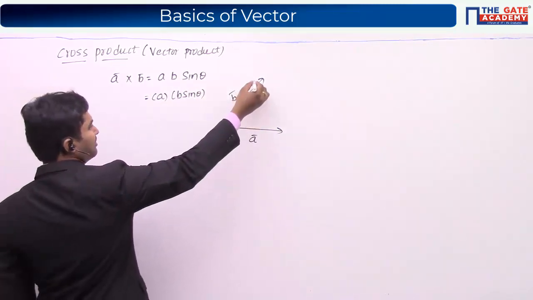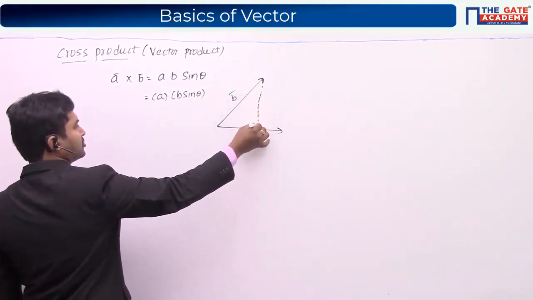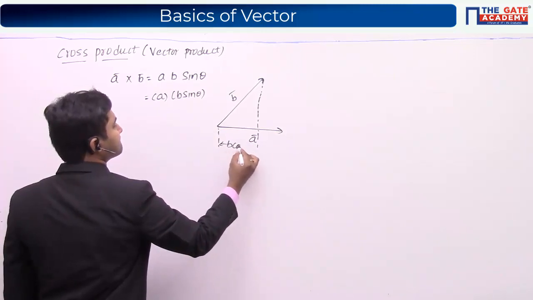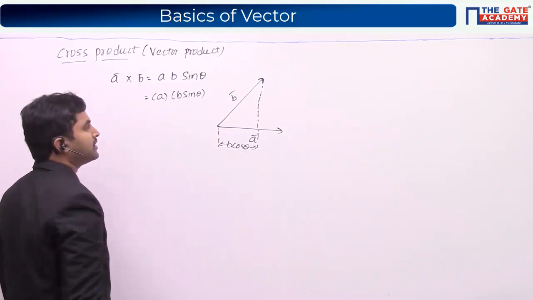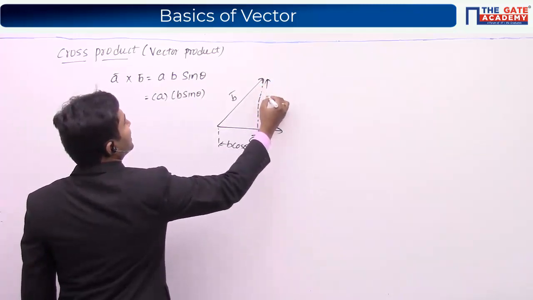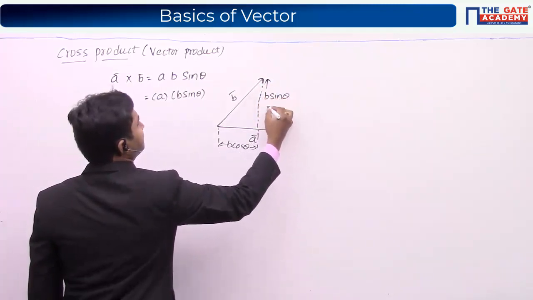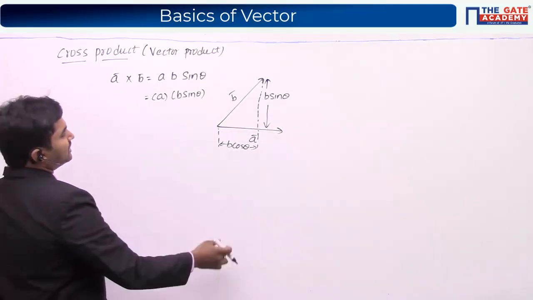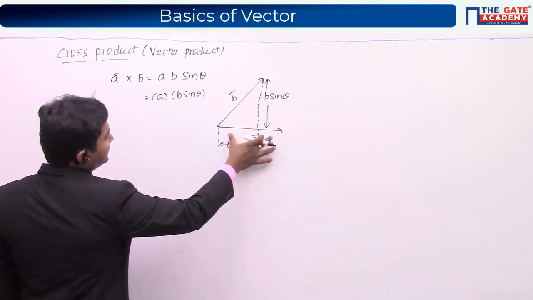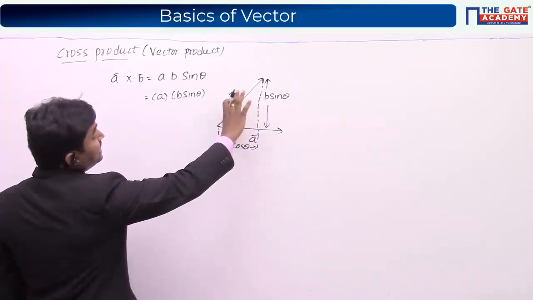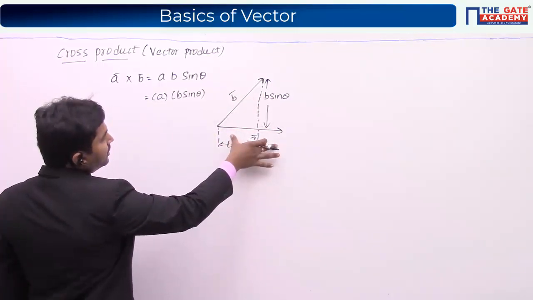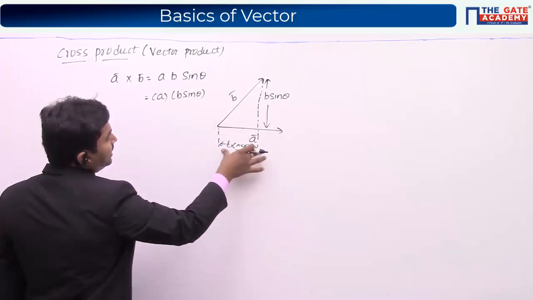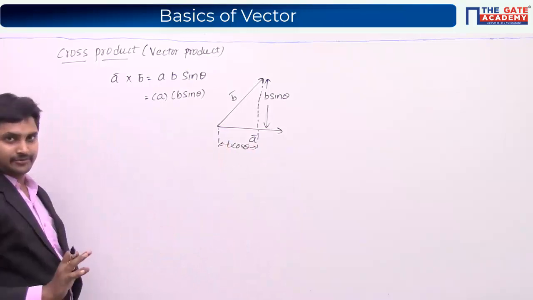Now you see here, this component is what we called B cos theta, and this component is B sine theta. If you multiply the vector A with the component of B in the direction of A, we call it the dot product.